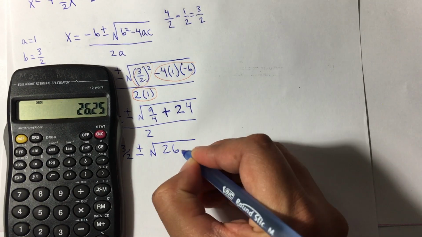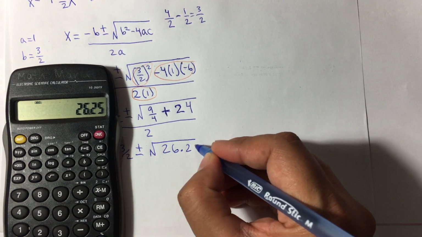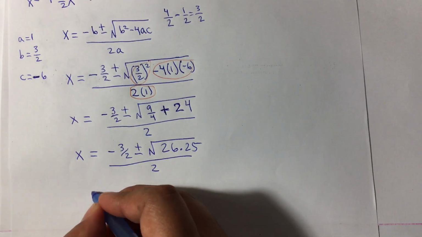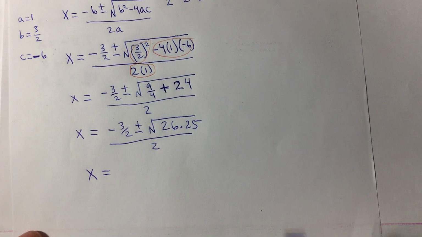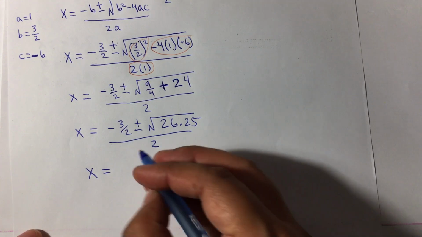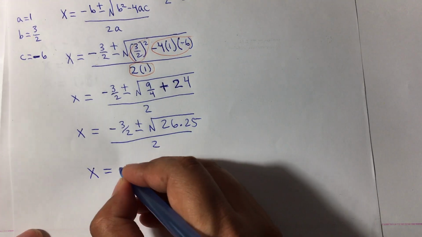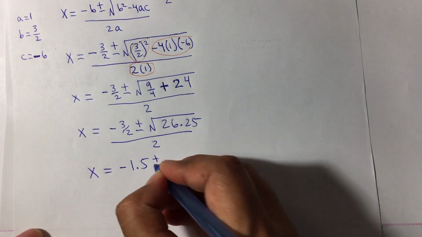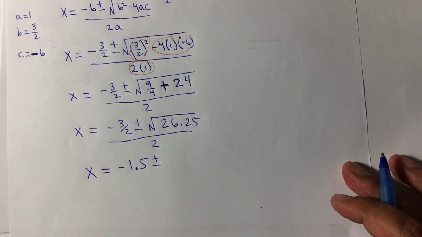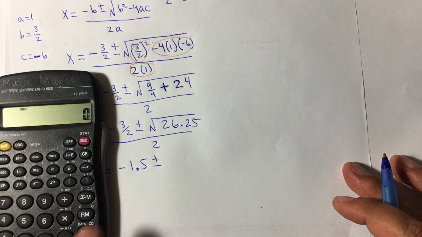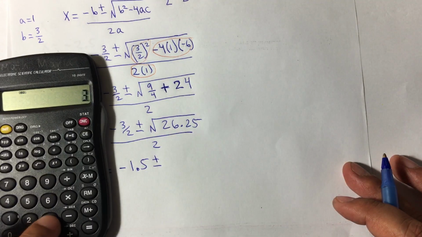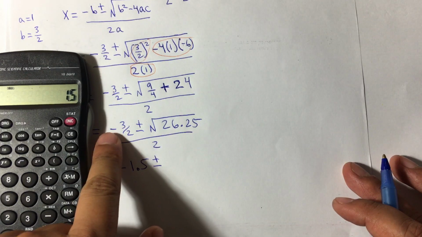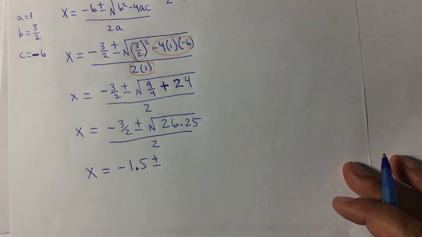So 26.25, all divided by 2. Now in here, -3 divided by 2 is -1.5. Since we're working with decimals already, it's more convenient to convert that to decimals as well. You can just say 3 divided by 2, if you're not sure, is 1.5, okay? But because it's negative, you just bring down the negative.